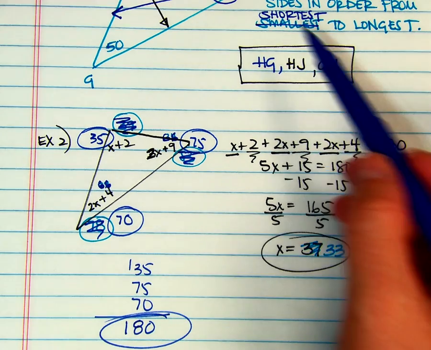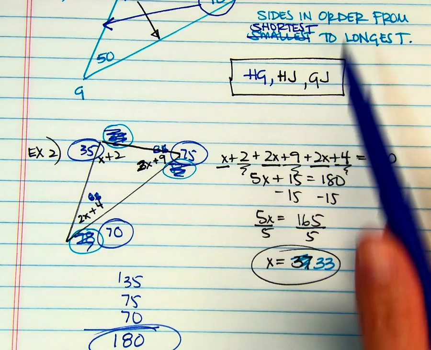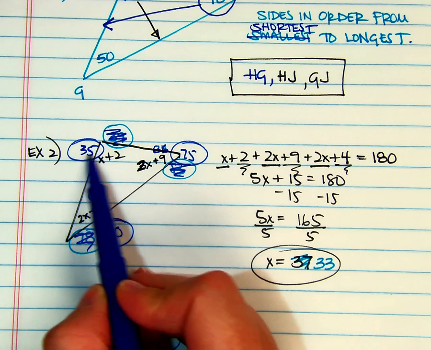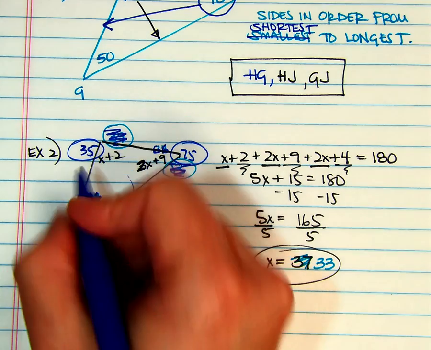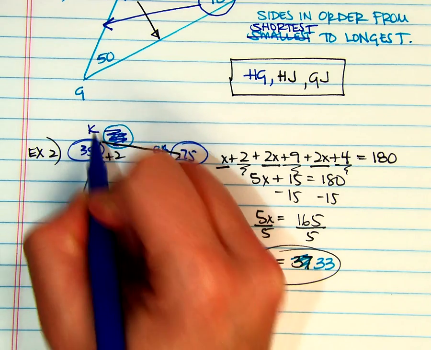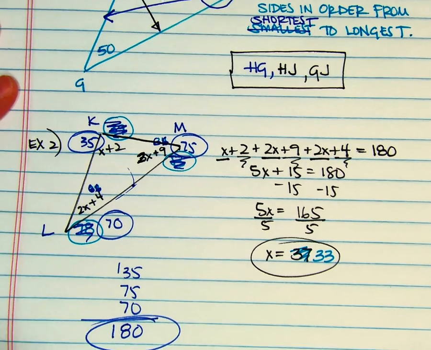So now I still need to answer the question. Put the sides in order from shortest to longest. Shortest, this is 35. So this is going to be the shortest side. Let's go ahead and label this as K, L, M. Now this diagram's getting kind of messy right now.